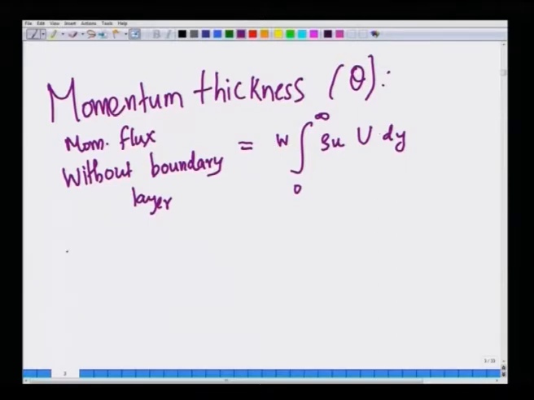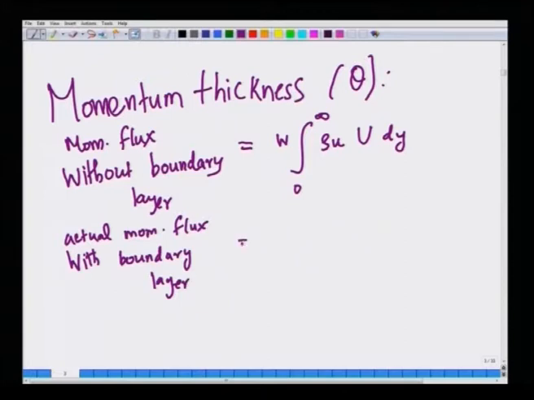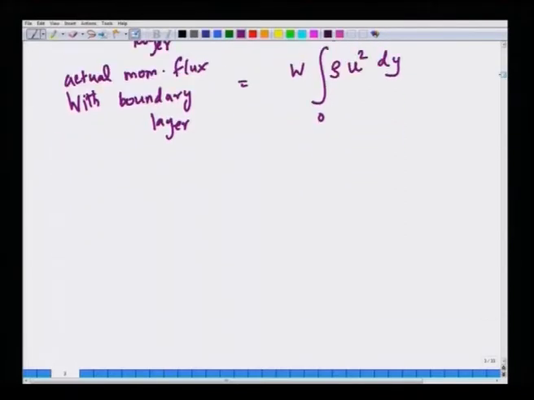So, with the boundary layer, the actual momentum flux is W integral 0 to infinity rho u squared dy. Okay. So, the deficit is simply, so imagine that you are lifting the boundary layer, okay, this is the actual surface of the plate.